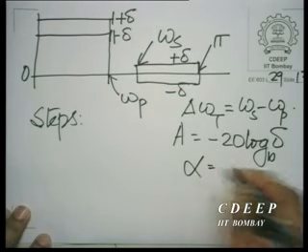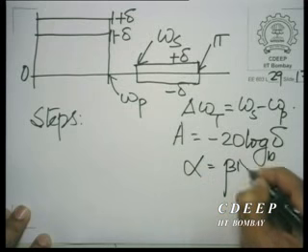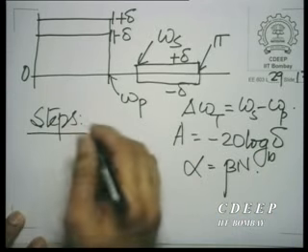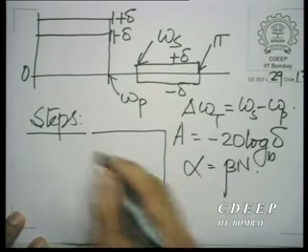And define alpha to be beta times n. And therefore, the first step becomes the choice of n.